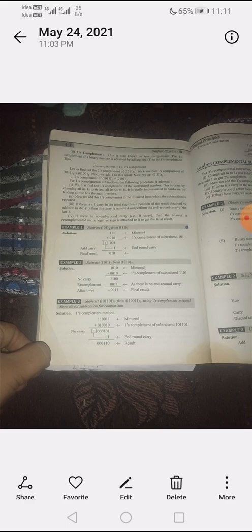This is done by changing all its ones to zeros and all its zeros to ones. It is implemented in hardware by feeding all the bits through inverters.